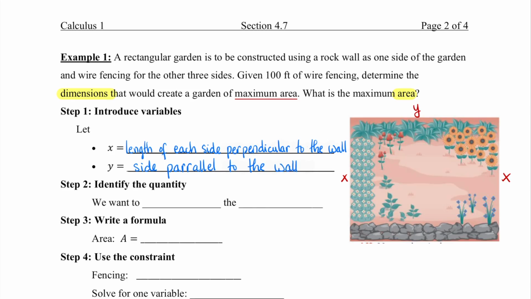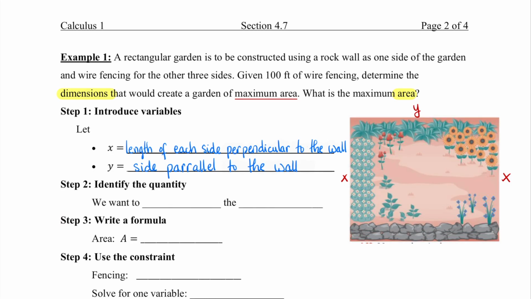So x is the length of each side perpendicular to the wall, and y is the side parallel to the wall. So we have two sides of length x and one side of length y. And the wall acts as the fourth side, so we don't need fencing there.